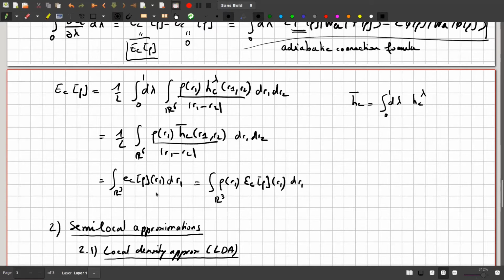And so, for example, here we want, let's say, an approximation for this quantity. And we want an expression for this quantity. Well, this expression is given exactly by this, integrated over R2. So that was just to find a formal expression for the quantity that we want to approximate.